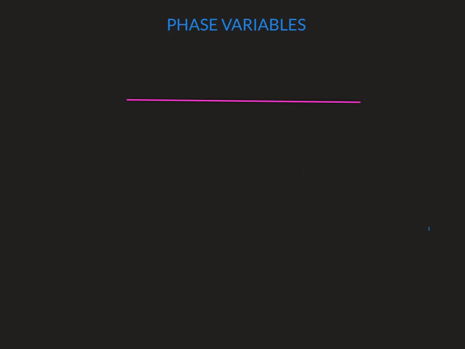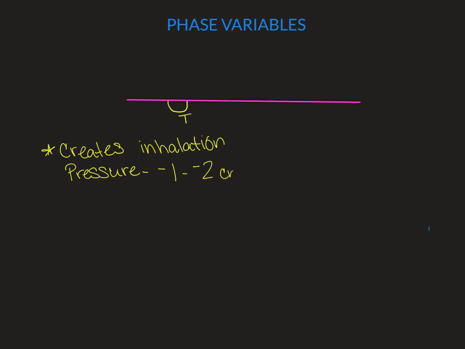So we're going to start with trigger. Remember, the trigger creates inhalation. We're setting a pressure trigger, and we're going to set it at -1 to -2 centimeters of water pressure.